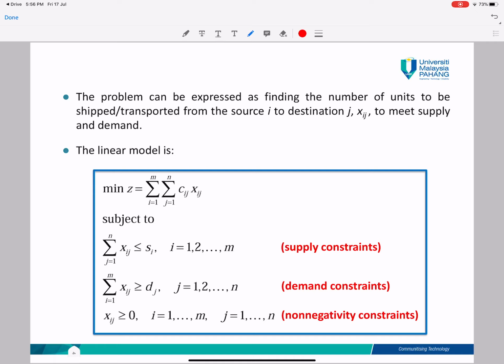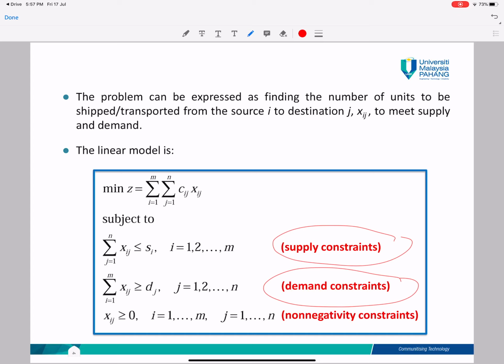And just now we know that the transportation problem, it can be modeled as a linear model. Dia sebenarnya serupa dengan model yang you ada untuk simplex method. Cuma dekat sini kita ada dia lebih spesifik, dia ada supply constraint and also demand constraint. Dia juga ada non-negativity constraint.